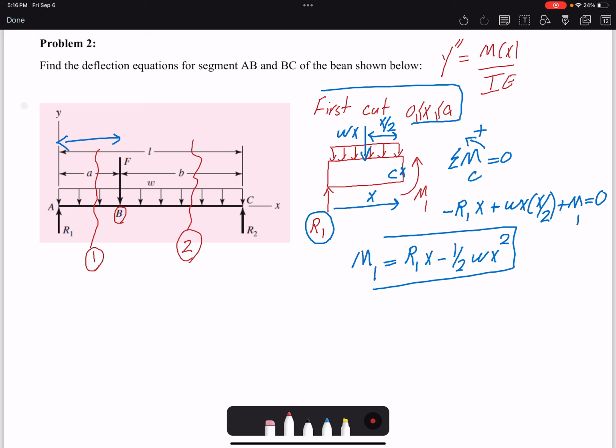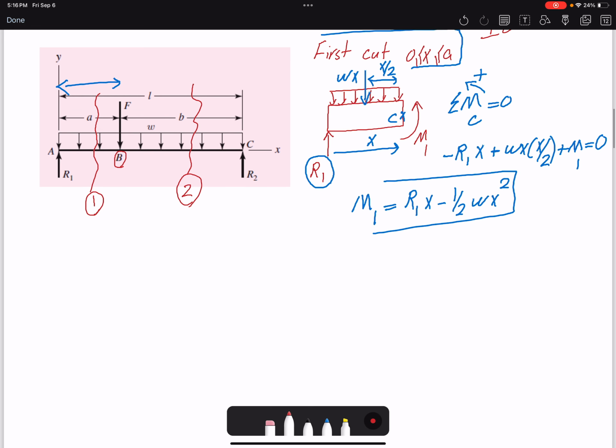Let's do the second one. For our second cut, that would be for when x is between a and L. I keep the right side of the beam. I have R1.